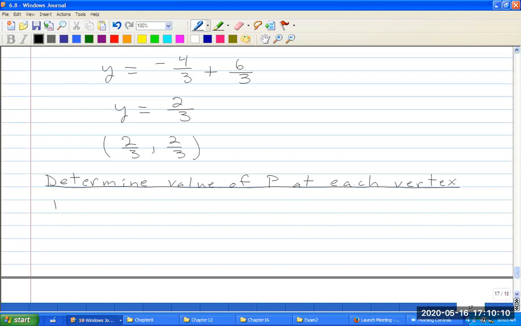So let's do this first at 2, 0. And so my objective function is y minus 2x. And so in this case, my value is negative 4. Let's figure out the value at 0, 2.